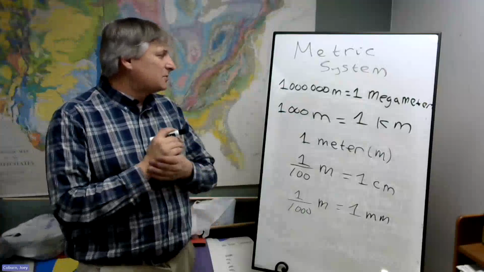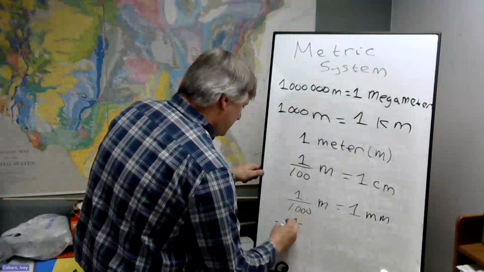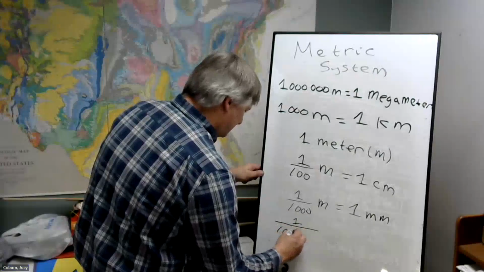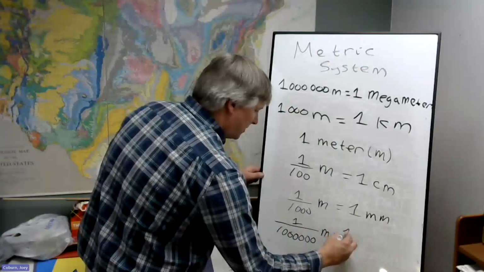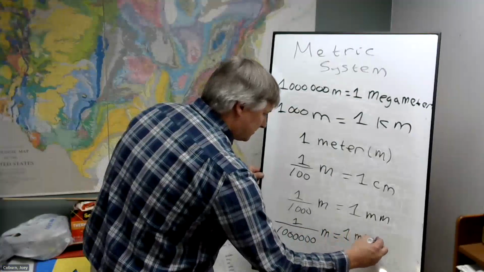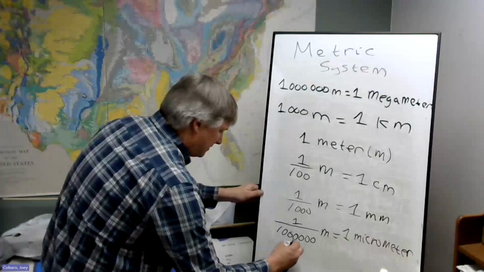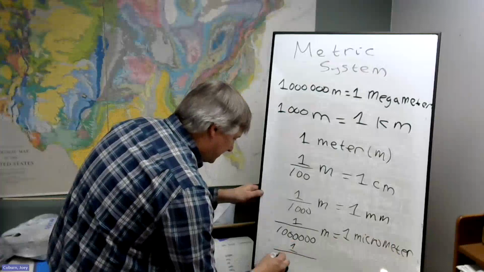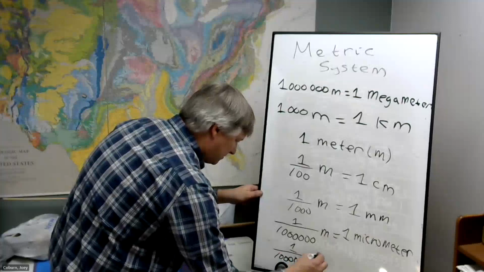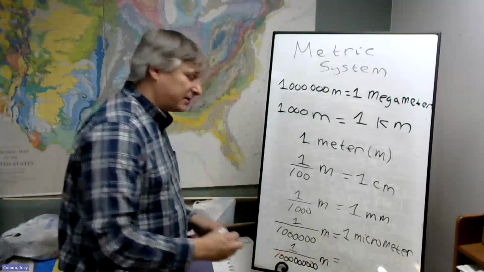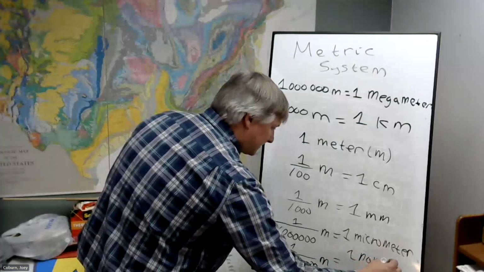Now you can even go do some other measurements. For example, 1,000,000th of a meter is 1 micrometer. And then 1 billionth of a meter is 1 nanometer.